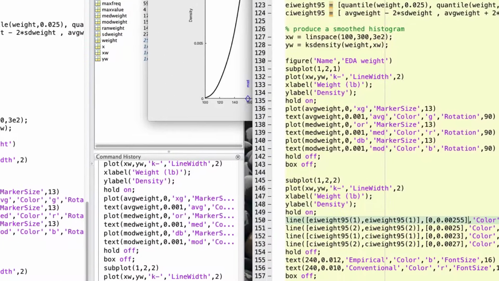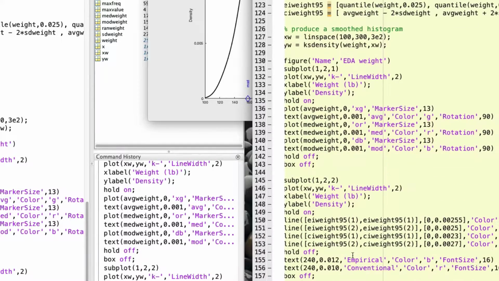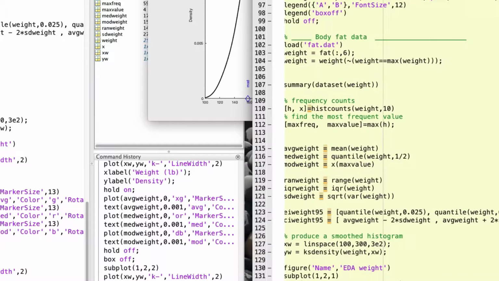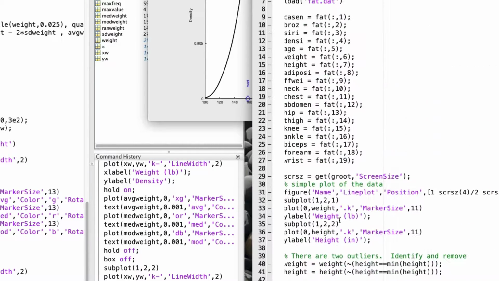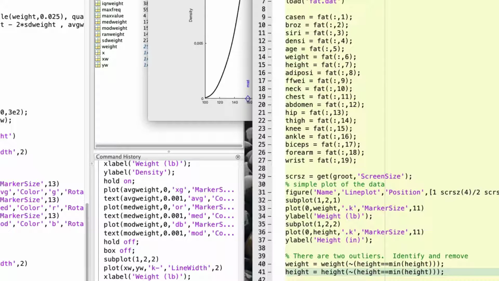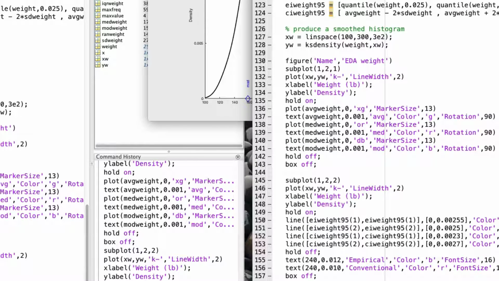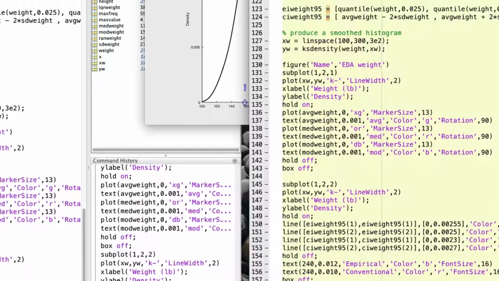Finally, if we have two data sets, and we want to find a way of describing the relation, we can use the correlation between them. So if I want to calculate correlation, I will go back, load height, get rid of the outlier, and calculate and plot the scatter with its correlation.